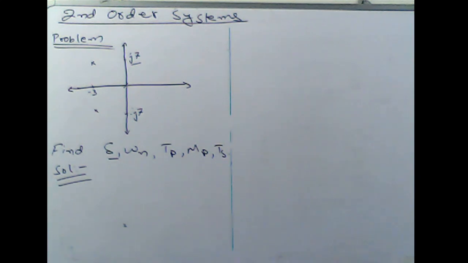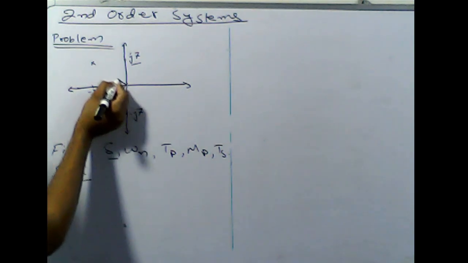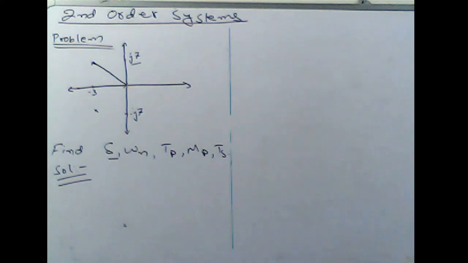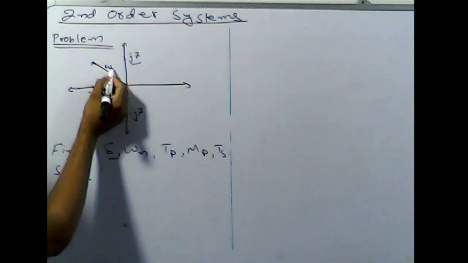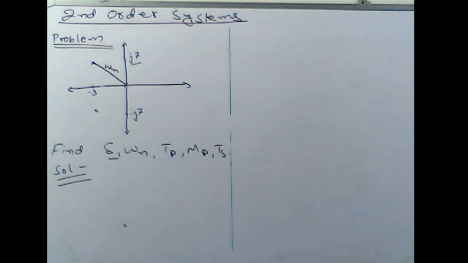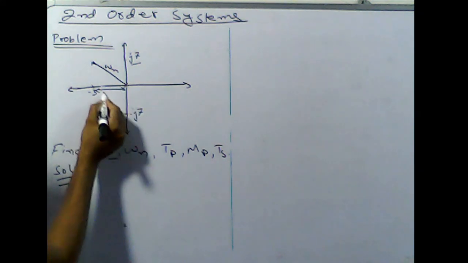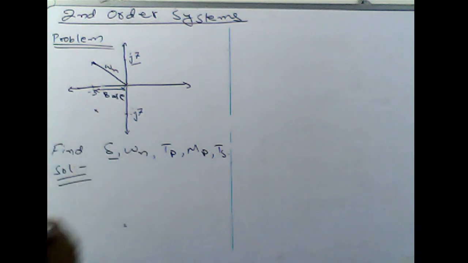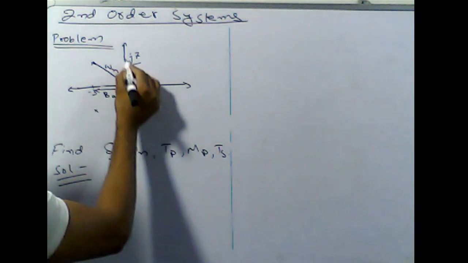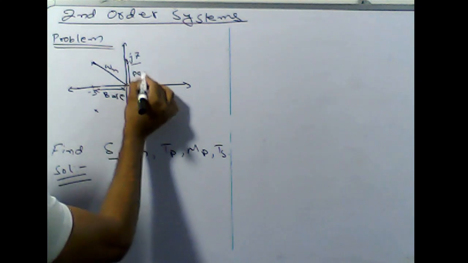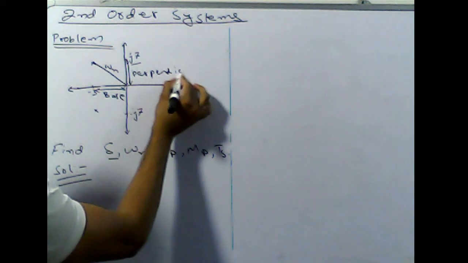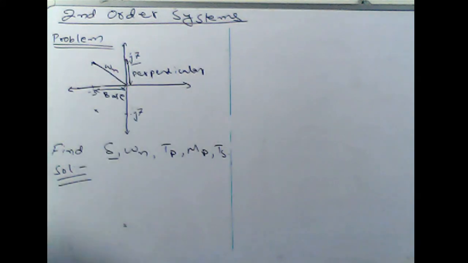We know from the previous lectures that the distance from the origin to this point is omega n. This is our base, this is our perpendicular, and this is our hypotenuse, which is represented by omega n.